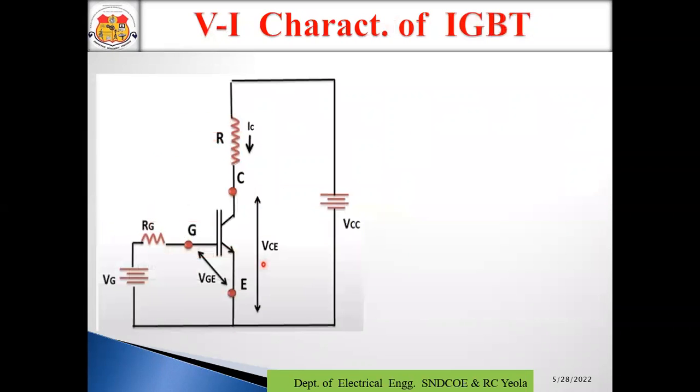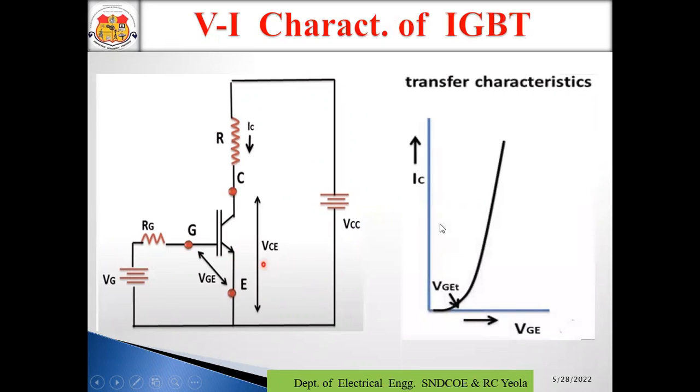Now we are going to discuss the VI characteristic of the IGBT. As we already discussed in the working principle, this is the circuit symbol for the IGBT. Now we are connecting the battery. This is the input characteristic and this is the output characteristic. In the transfer characteristic, the graph is drawn between IC and VG, that is the gate emitter voltage and the collector current.